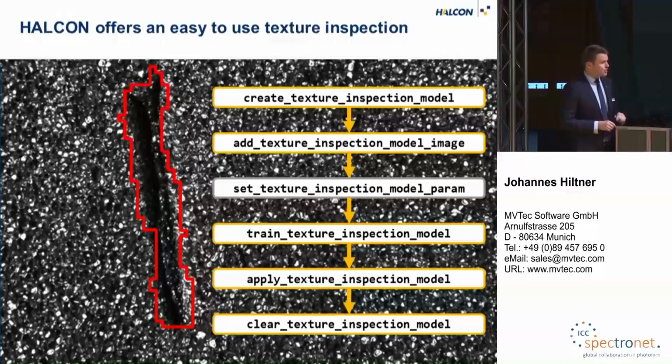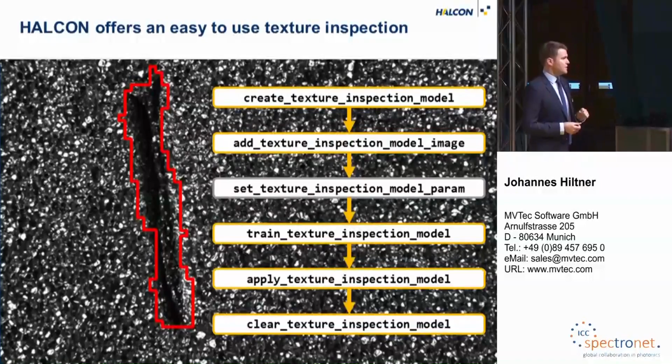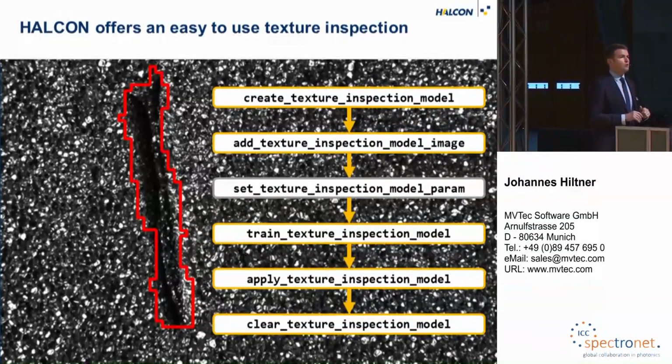And as I mentioned, it's not only locating texture defects, but we put a huge focus on the ease of use of these algorithms. And this is just a few operator calls which are needed in order to apply the texture inspection model to an image. So it's a handle-based approach.